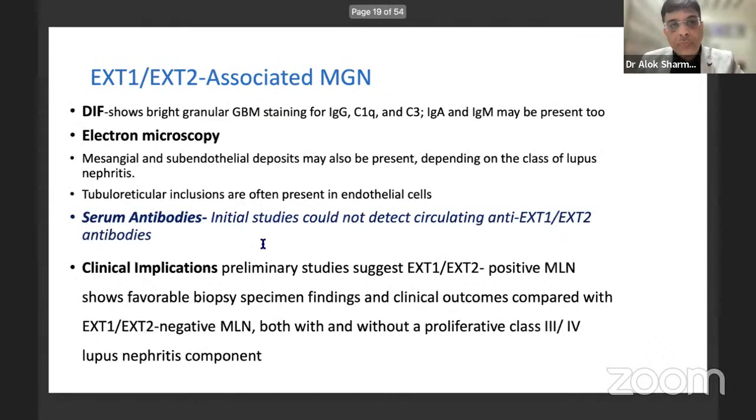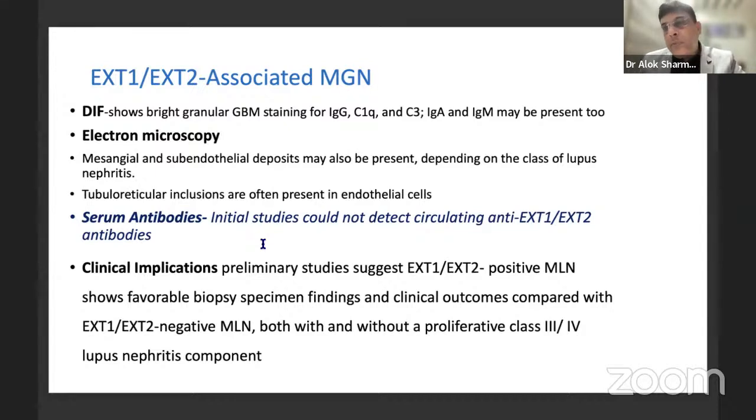The clinical implication of this discovery was that patients with membranous lupus nephritis who have exostosin 1 or 2 positivity actually have better clinical outcomes compared to exostosin 1 or 2 negative patients. So that's a very important finding here.